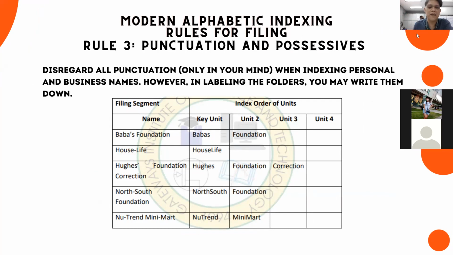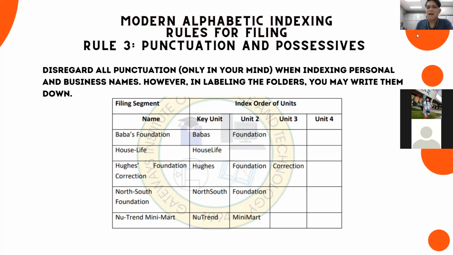Ito yung apostrophe, dash, punctuations or mga symbols na ginagamit natin within the name of the company or the filing segments natin. So for example, Baba's Foundation. You remove the apostrophe and then you write Babas.